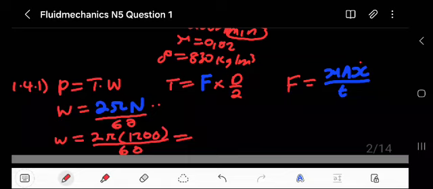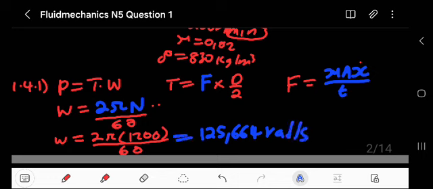We'll have 125.664. This is the angular velocity, measured in what? In radians per second, right? So we have this now.